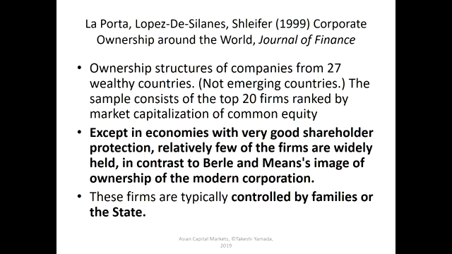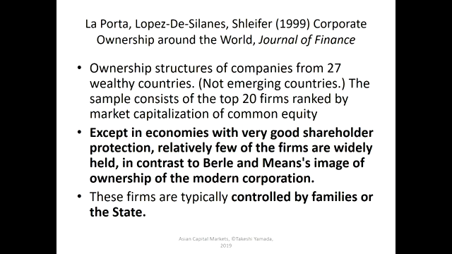Now they actually look at this ownership structure. In this case, they only look at 27 countries. They didn't include emerging countries at that time. And then they look at the top 20 firms ranked by market capitalization.